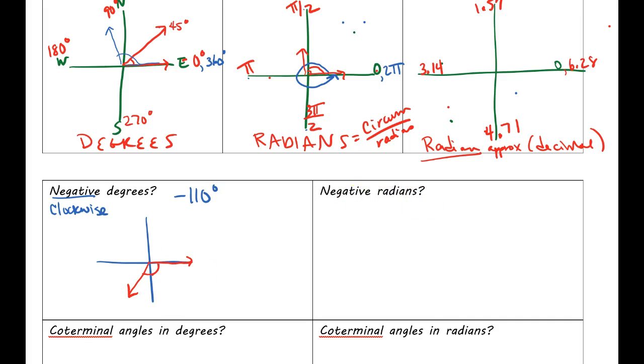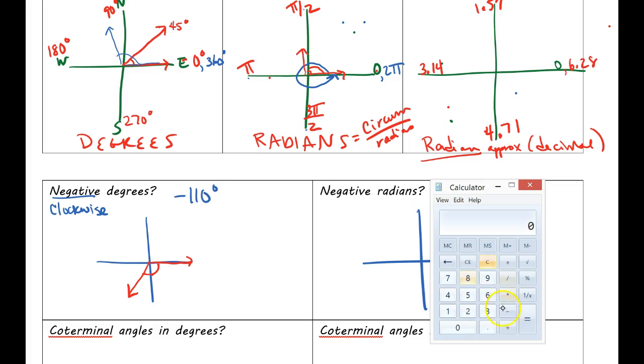So same thing with radians. If I give you a negative radian, you're going to go clockwise. So maybe I say negative pi over 7. You do not know where pi over 7 is. I do not know where pi over 7 is. So instead of thinking of it this way, it might be easier to go ahead and type that in the calculator, and let's get a decimal, okay? So I'm going to type in here 3.14 divided by 7, and that would be 0.448.